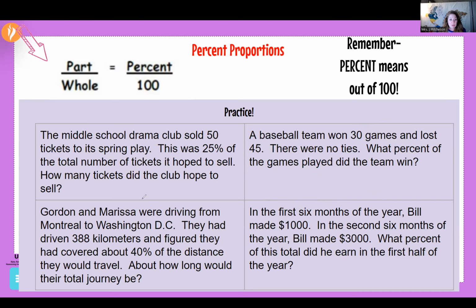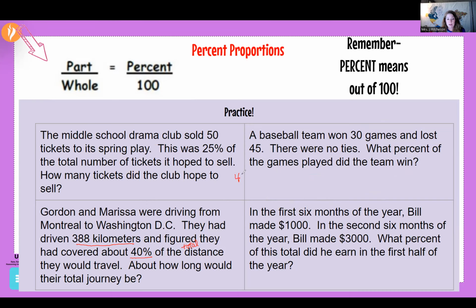The next one, Gordon and Marissa were driving from Montreal to Washington, D.C. They had driven 388 kilometers and figured they had covered about 40% of the total distance they would travel. Okay, so what do we know this time? I'm going to put it up here. So do we see a percent symbol?